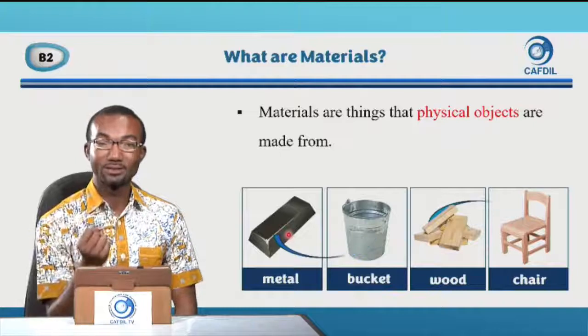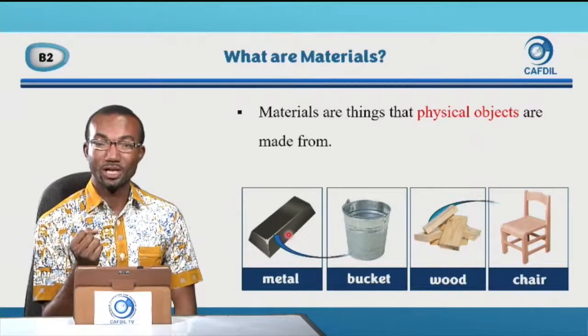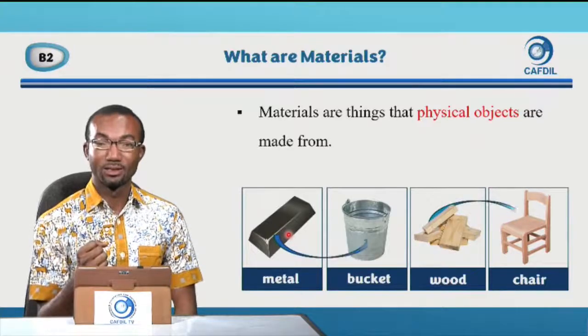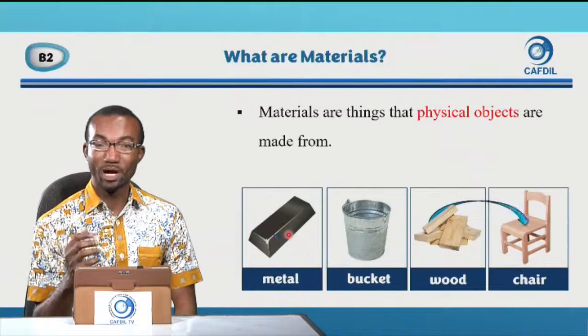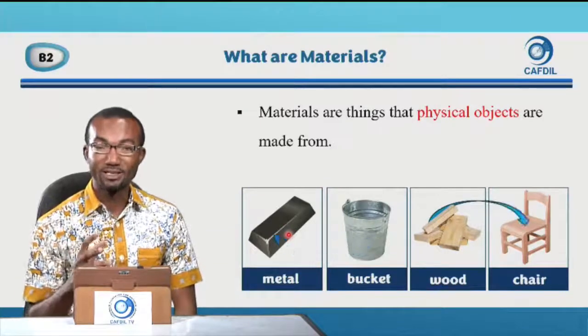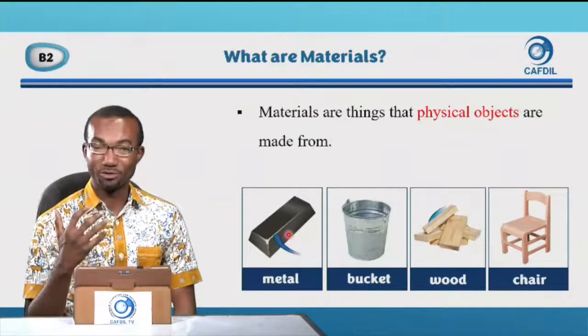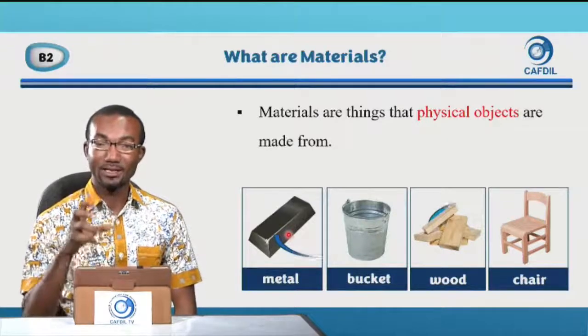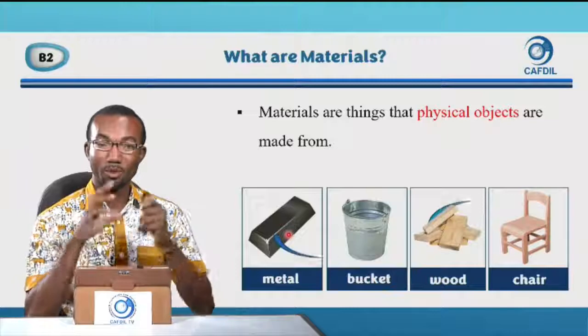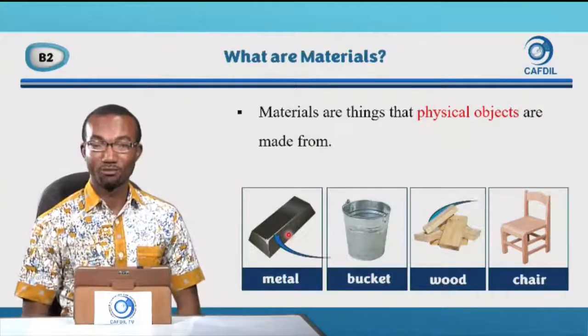The door handle that you use at home is made of metal. The pot that your mom normally prepares banku inside is made of metal. So there are many objects that are made from metals. The car that you even take to school, the body of the car is made of metal.